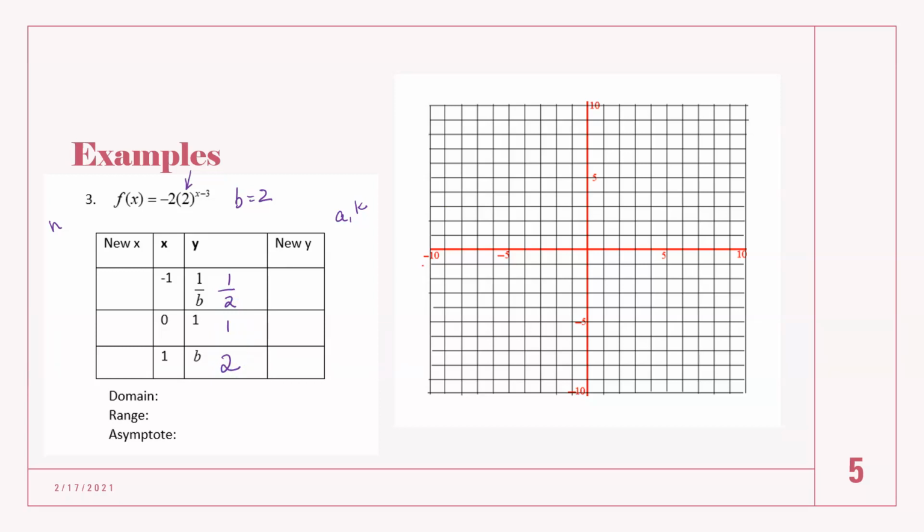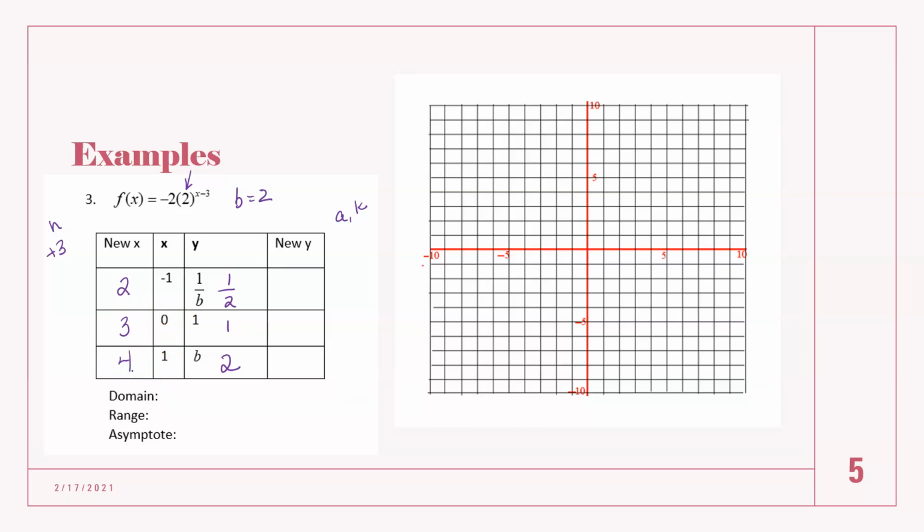So we do have an h. So it has to be the opposite of h, so we're going to add 3 over here. So -1 plus 3 is 2, 0 plus 3 is 3, 1 plus 3 is 4. So that's my new x.